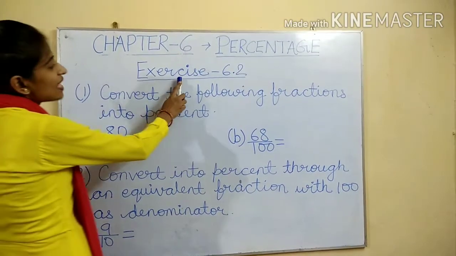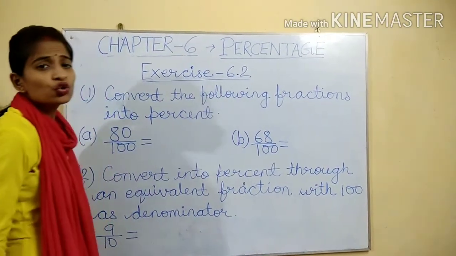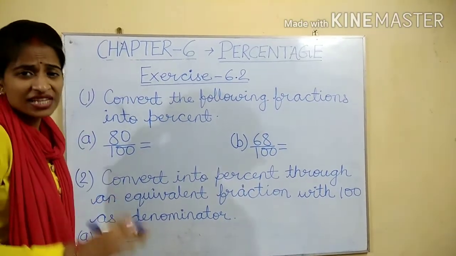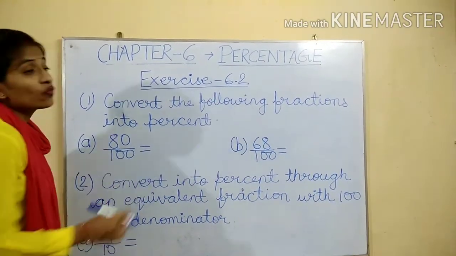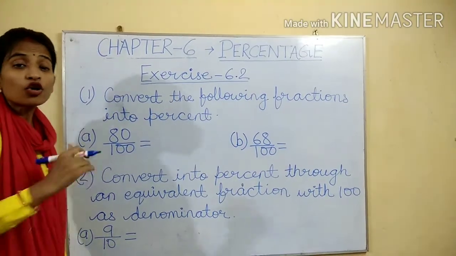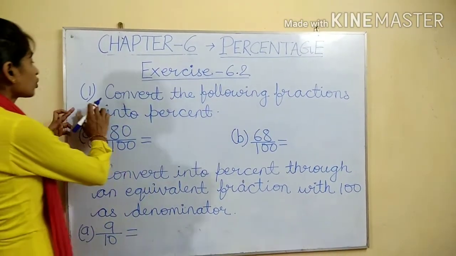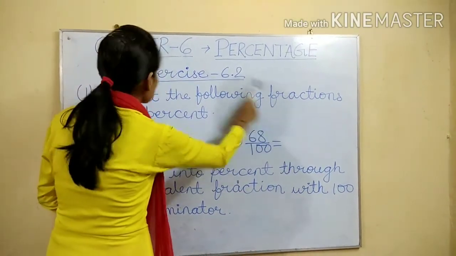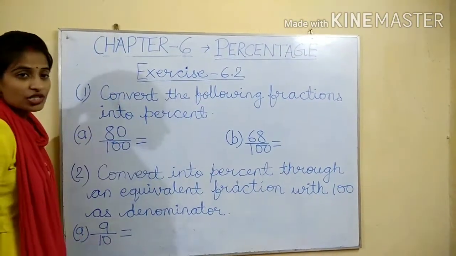Let us discuss exercise 6.2. I will explain questions 1 and 2 of each topic and you will write them down in your notebook. So let us begin with question number 1. Convert the following fractions into percent.